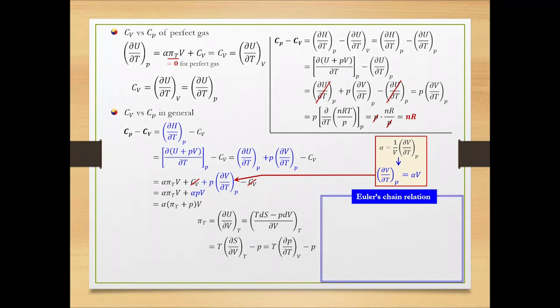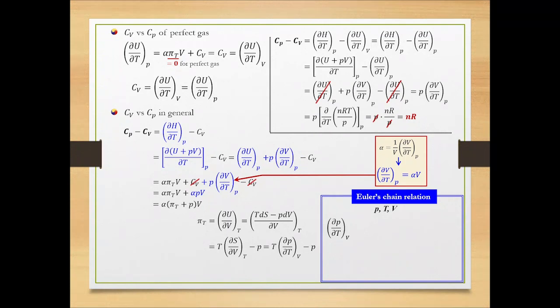Euler's chain relation is known as a cyclic chain rule or a triple product rule, and it relates partial derivatives of three independent variables. It is a very useful tool for problem solving. Here are three independent variables: pressure, temperature, and volume. You may begin with any partial derivative.